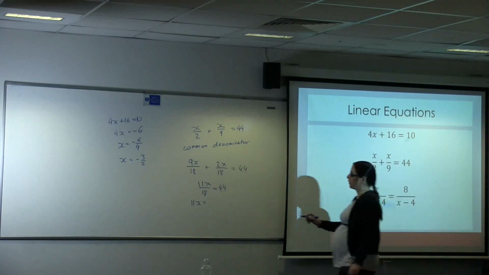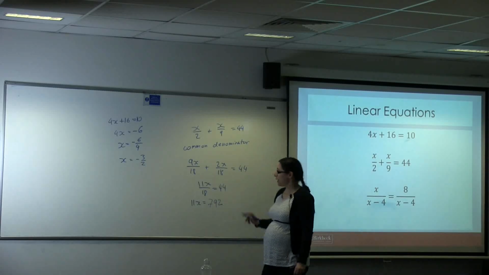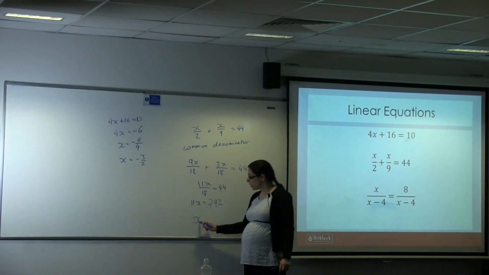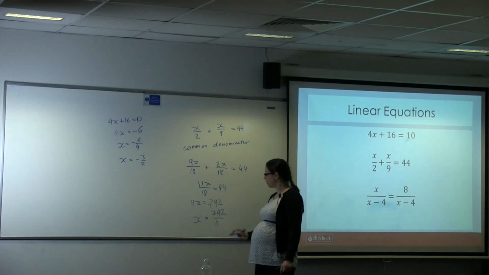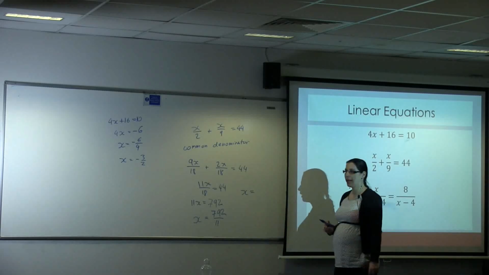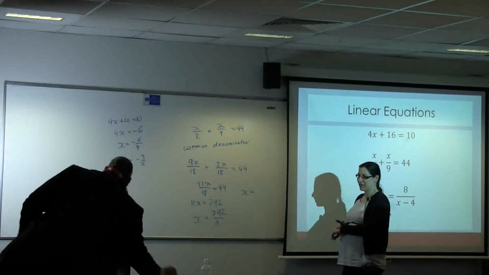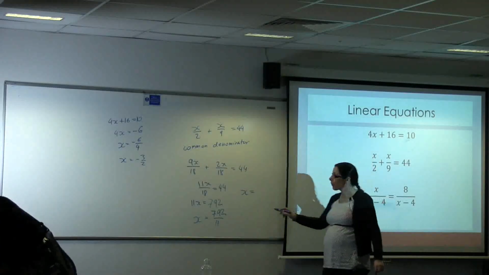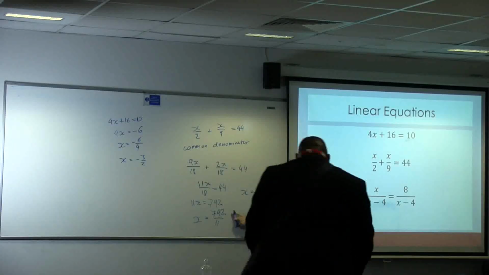So that is 792. And I want x, so I need to divide down by that 11, and that's going to give me x being equal to 72. X being equal to 72.